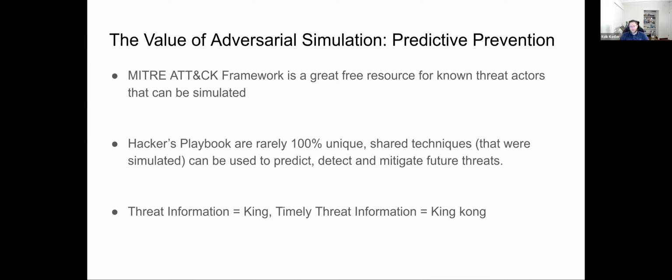When you do it long enough, when adversarial simulation becomes something that you specialize in, one of the interesting insights, and also one of the fundamental assumptions that the Mitre ATT&CK took and very successfully demonstrated, is that hacker playbooks are rarely 100% unique. If you look at the big campaigns, the big APTs, advanced persistent threats, there are obviously zero-days and exploits and things that were not known before.